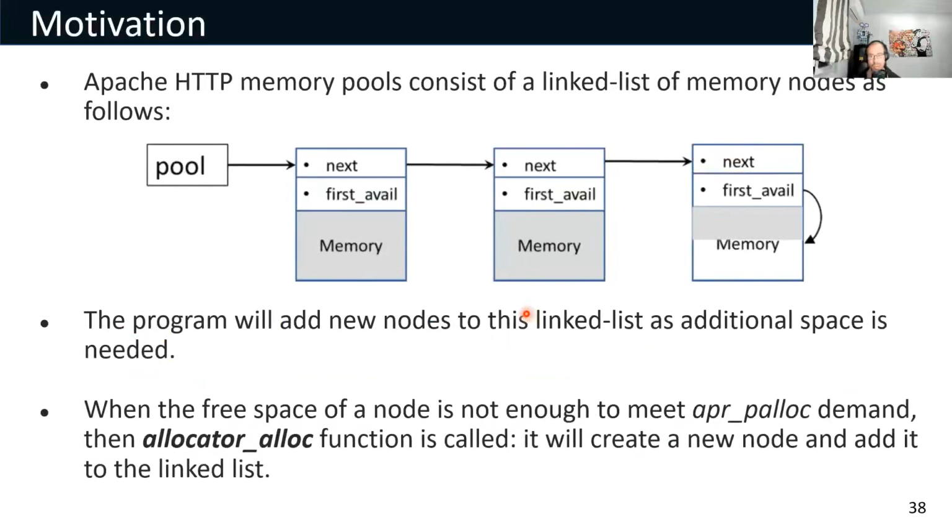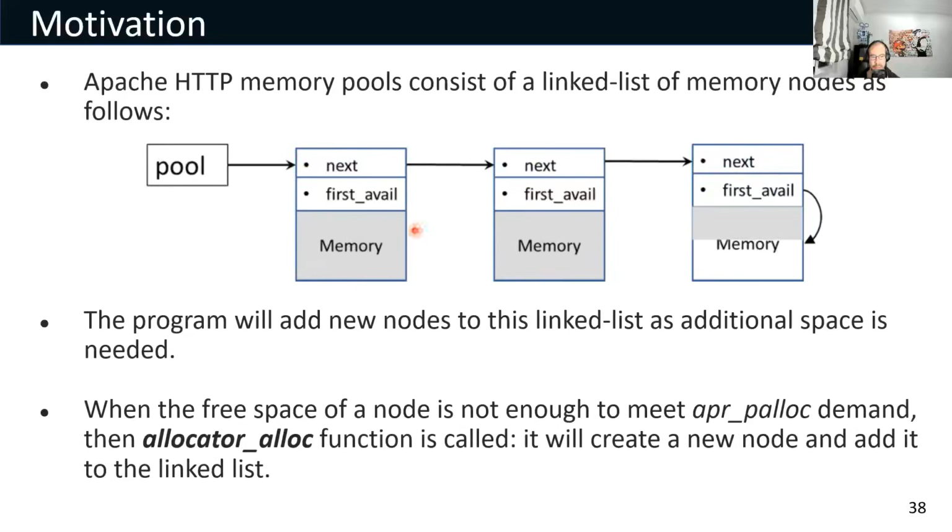And how do these Apache memory pools work? Well, the Apache memory pool consists of a linked list of memory nodes. You can see here an example. Each node has a fixed size memory available.